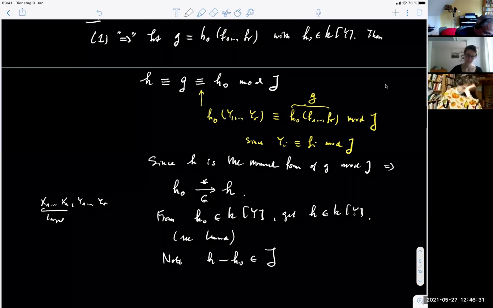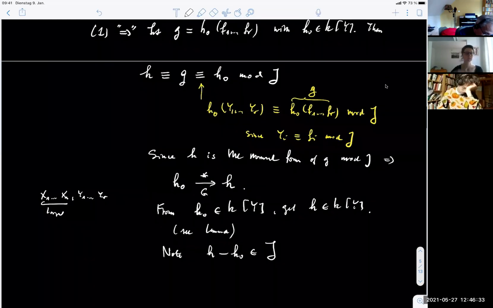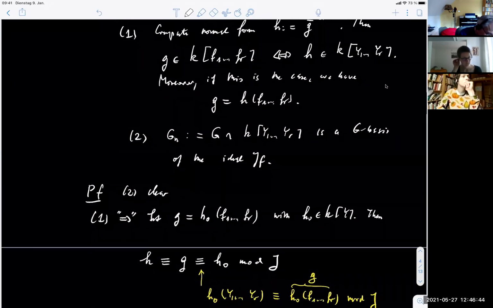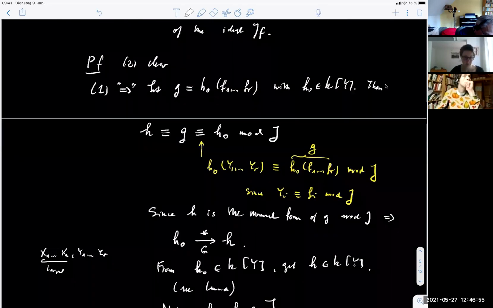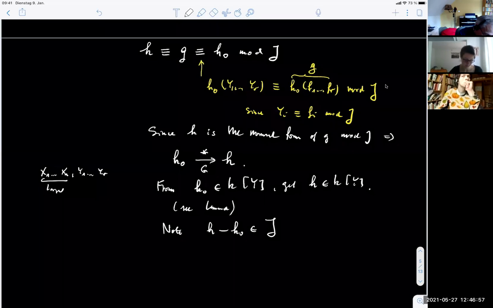Let's see. I'm a bit confused actually. Let me see. We really need that H0 equals H in this case. We don't need it. Let me check. Is this true at all?